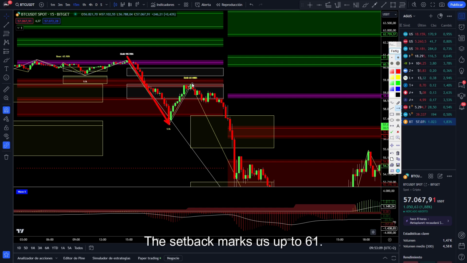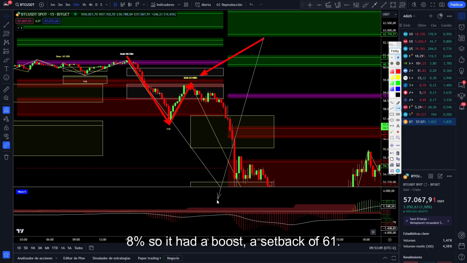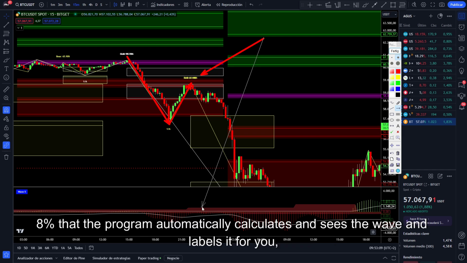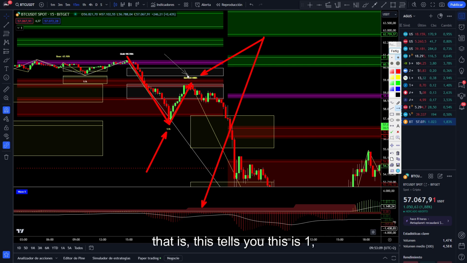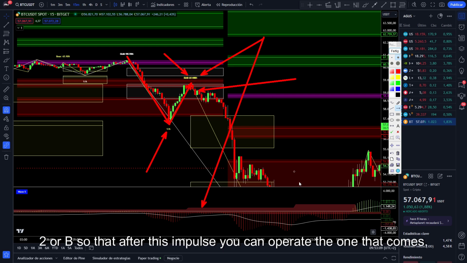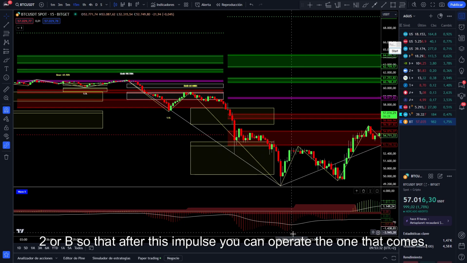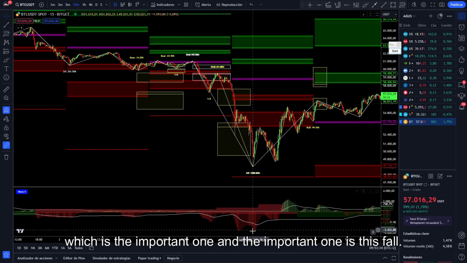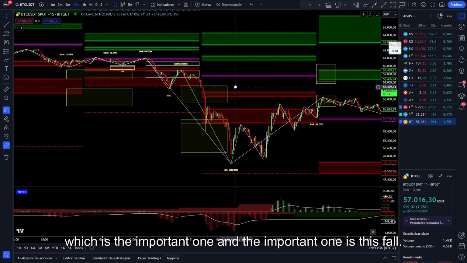The setback marks us up to 61.8%. So it had a pullback of 61.8%, which the program automatically calculates, and it sees the wave and labels it for you. It tells you this is 1 or A, and labels this as 2 or B, so that after this impulse, you can operate the one that comes, which is the important one.